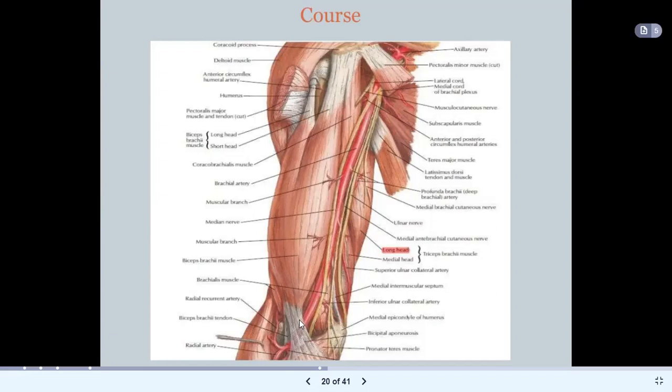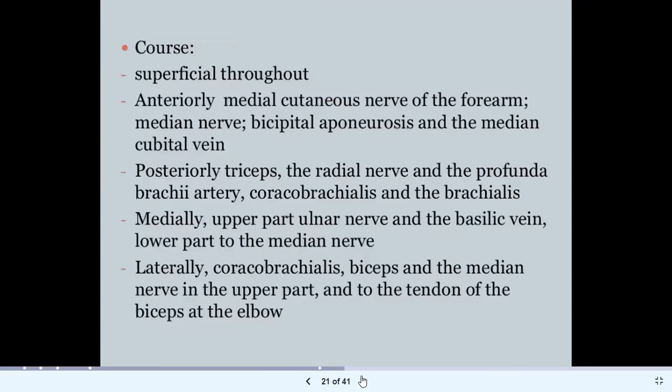So these are the tendons of the biceps muscle that come down here to form the bicipital aponeurosis. So it's anterior. So you see that the brachial artery is passing below this aponeurosis. So it is anterior to the brachial artery. Then once it crosses this aponeurosis, it comes down and then splits into the ulnar and the radial artery.